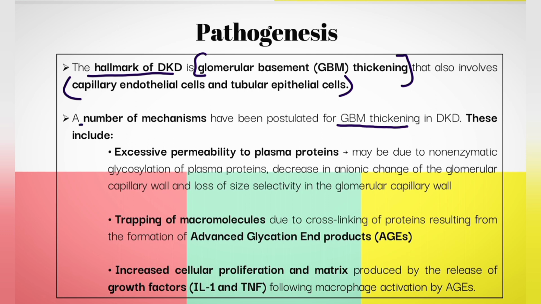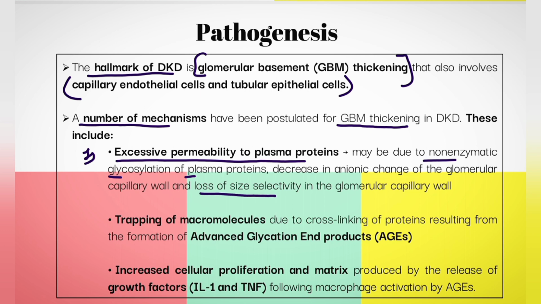The first one is excessive permeability of the glomerular basement membrane to plasma proteins, and this excessive permeability may be due to non-enzymatic glycosylation of plasma proteins, or a decrease in the anionic charges of the glomerular capillary wall, or loss of size selectivity in the glomerular capillary wall.